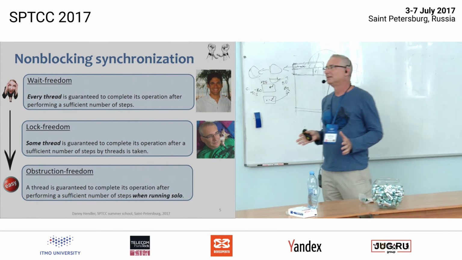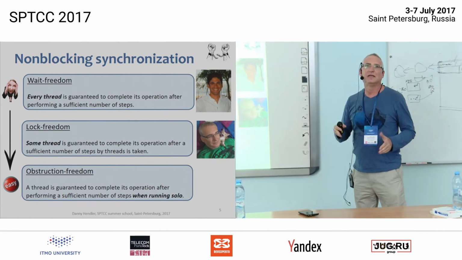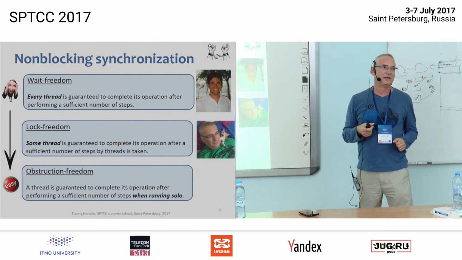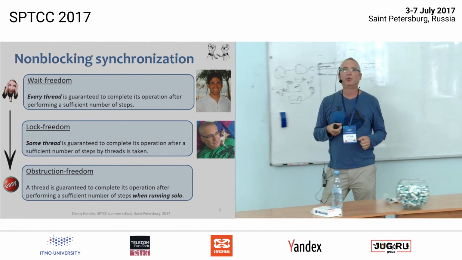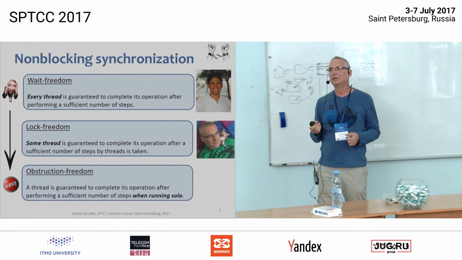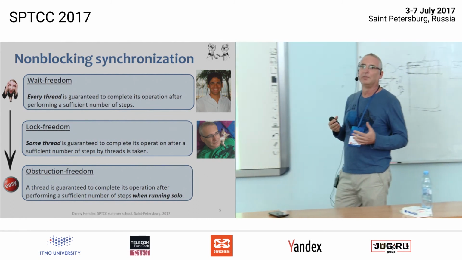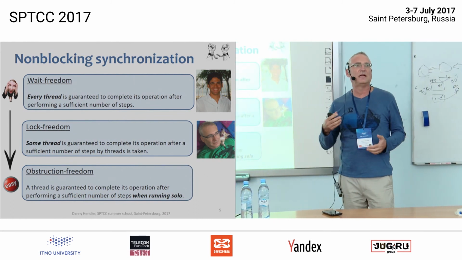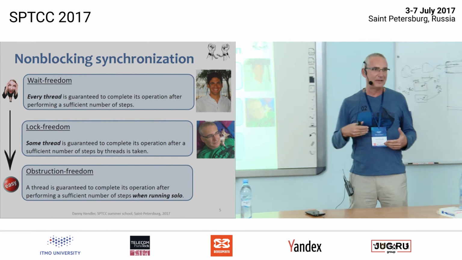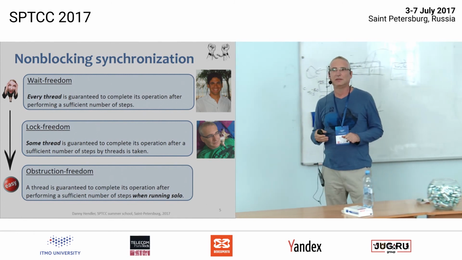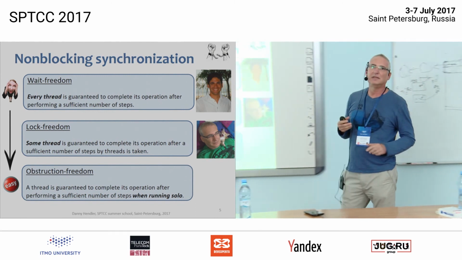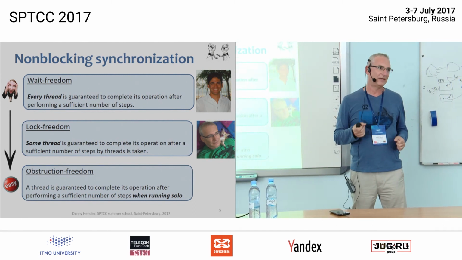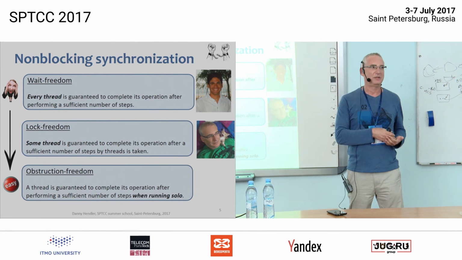With this class, every thread is guaranteed to make progress. So if a thread is performing some high-level operation on the object, for example, a push or a pop on a stack, or a fetch-and-increment operation on a counter, and in order to do that, the process does more and more steps, such as read or write or compare-and-swap, then if the algorithm is wait-free, we are guaranteed that after some finite number of steps, the operation will terminate.